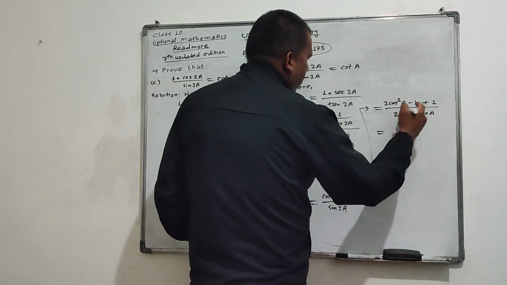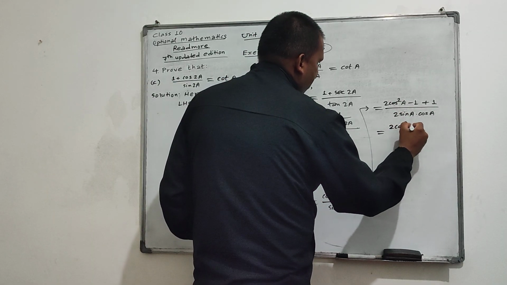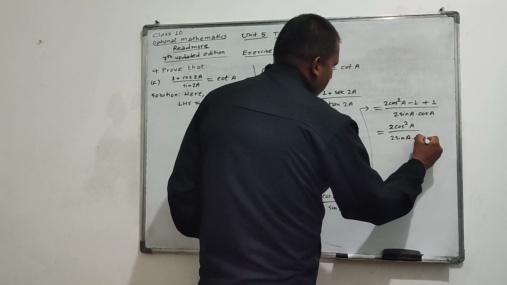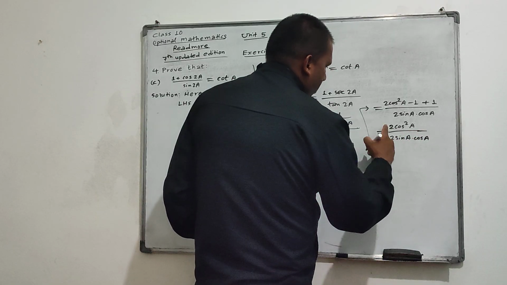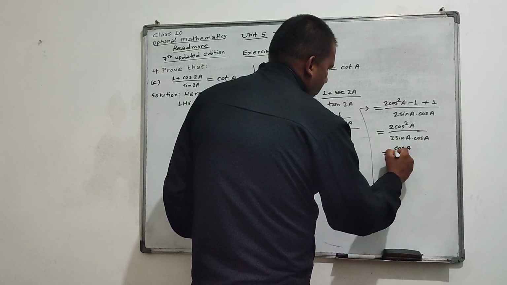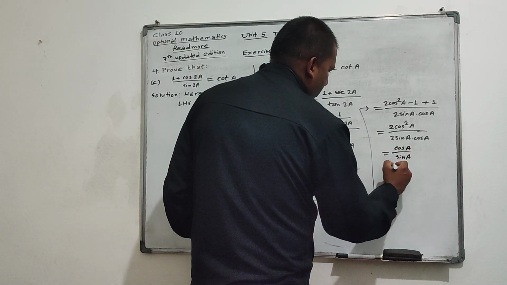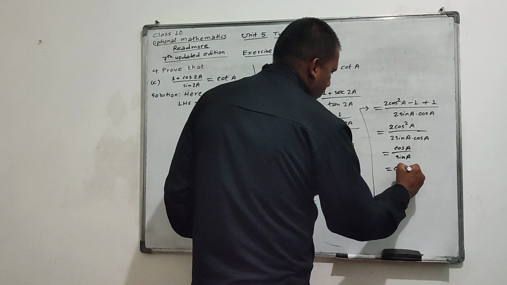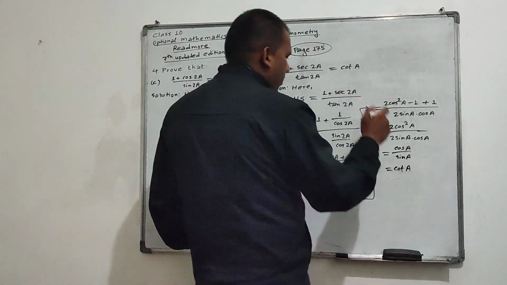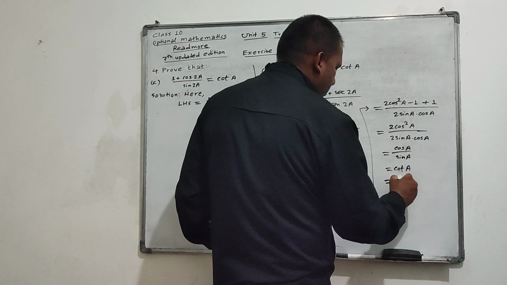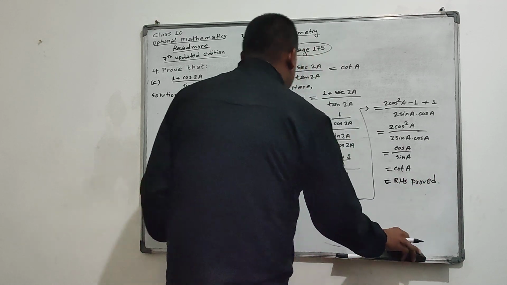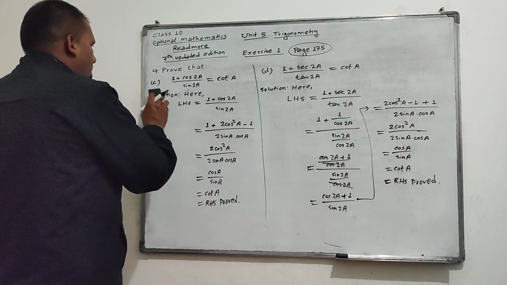Minus 1 plus 1 cancels out, remaining 2 cos square a upon 2 sin a cos a. 2 cancels out, square and cos a cancel out, remaining cos a upon sin a, cos by sin, that is cot. So cos a by sin a is cot a. This is the RHS. So it is proved.